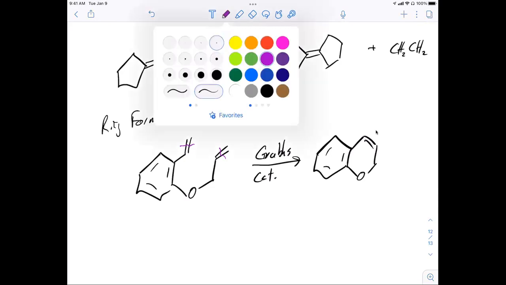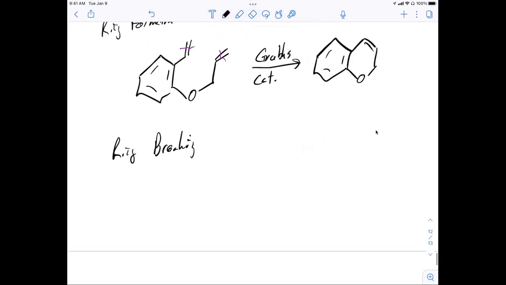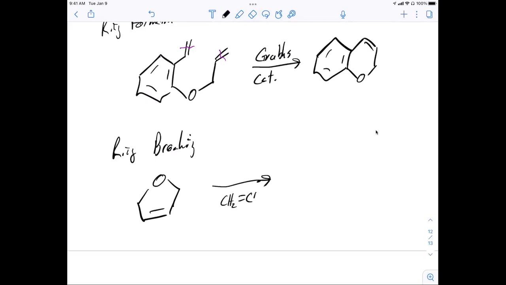We can also do ring breaking. But with ring breaking, we need to add a driving group, which is the ethylene, right? The CH2.